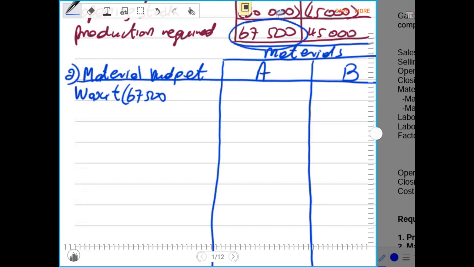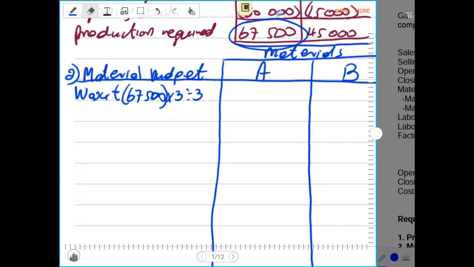To manufacture those units, we need different kgs of material: 3 kgs for material A and 3 kgs also for material B. So now let us multiply this first by 3 and secondly by 3.